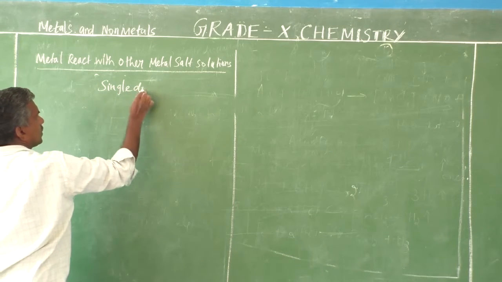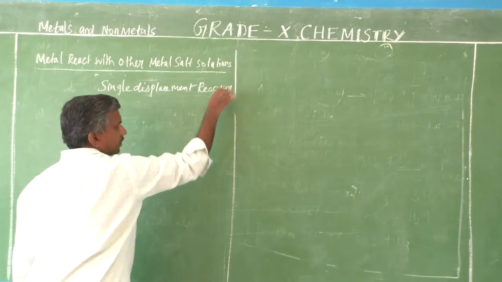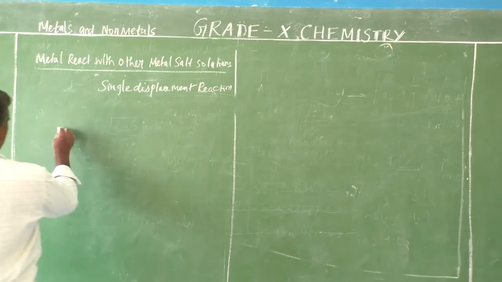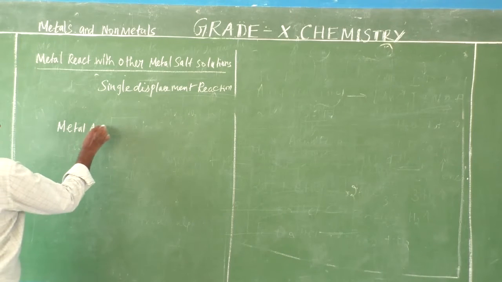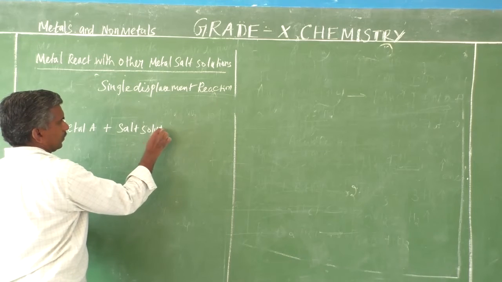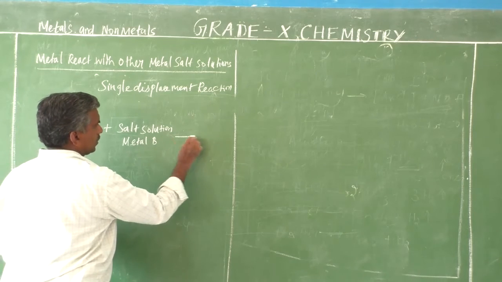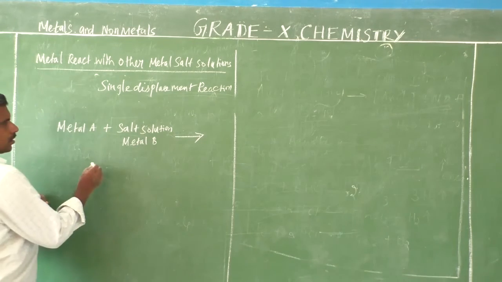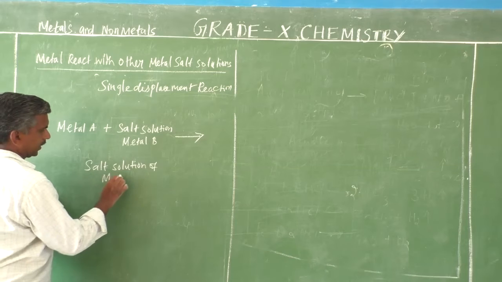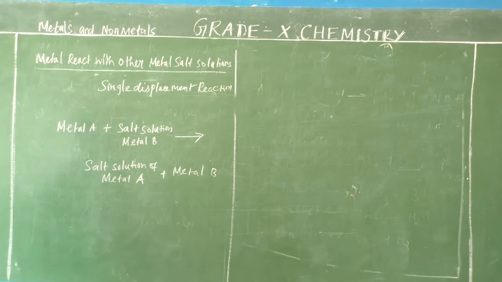Suppose you take any metal, metal A, and the salt solution of metal B. They react to form the salt solution of metal A plus metal B. Here displacement takes place.